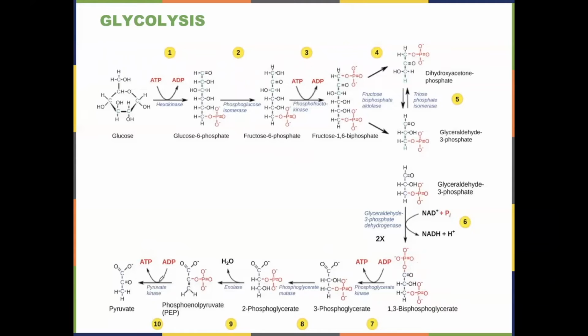The second half is where we get the payoff, where we actually put energy into our electron carrier, NADH, as well as into making a couple of different ATPs, and we make some more adjustments to our carbon molecule so that it ends up becoming pyruvate in the end. And that's glycolysis.